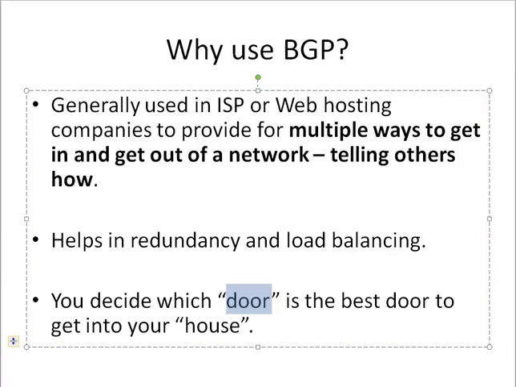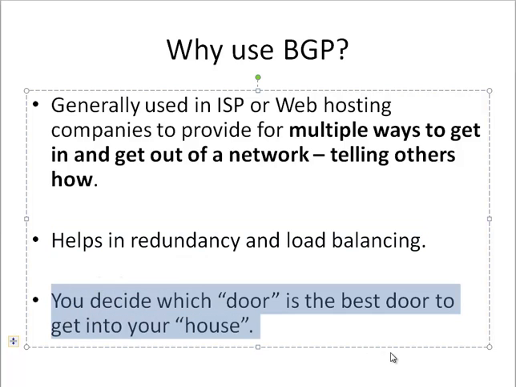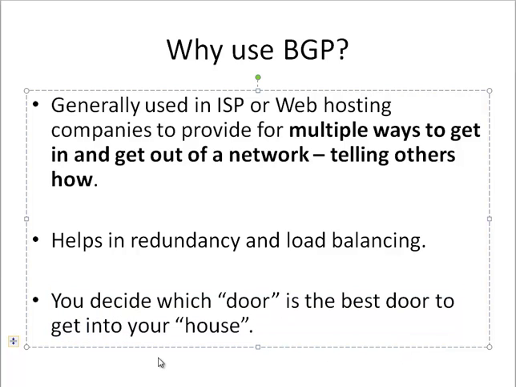So the thing is, if you have a single home or just a single ISP or two without BGP, you could pretty much only tell them, hey, this is the one way to get out, and that's it. Now with BGP, of course, it helps with redundancy and a little bit of load balancing, but ideally, the main reason is you decide which door, or which ISP connected to your BGP domain or to your network, is the best way to get in or out of your house, depending on what traffic.